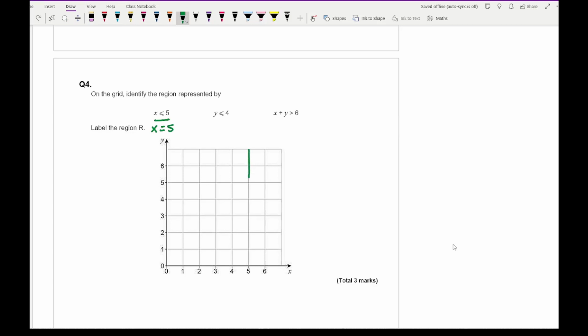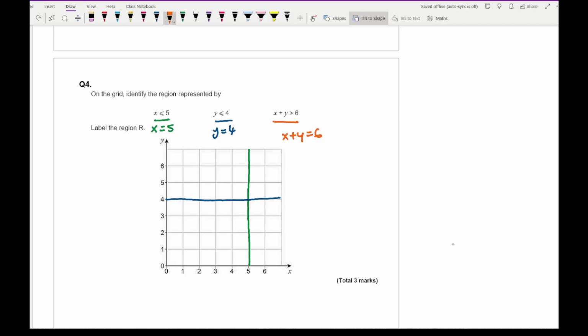Again, I recommend you use a ruler for this. For the next one, that's also going to be a solid line, so I need to draw y equals 4, like so. And then for the final one, x plus y is equal to 6.